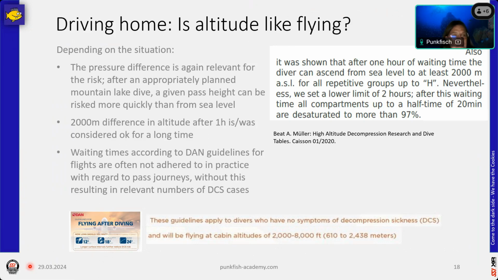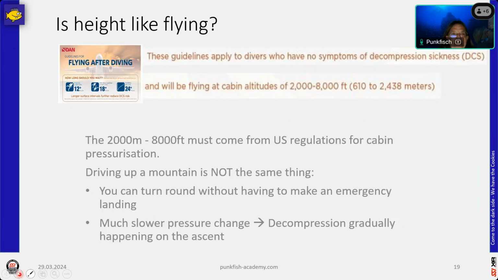So up comes a little bit of a discussion if driving up is exactly the same. And, well, no, it's not. In this example, they set this big margin of altitude from 2,000 to 8,000 feet, which very likely has to do with US regulations, like what is an allowed cabin pressure.